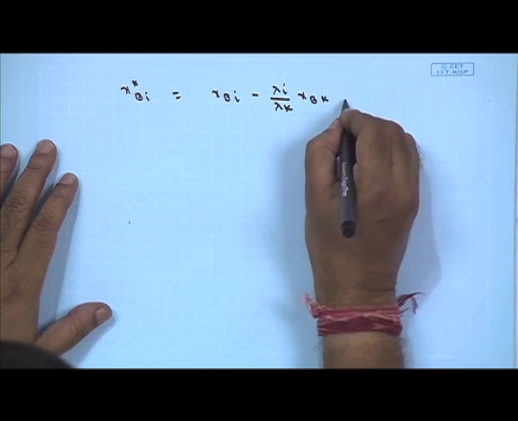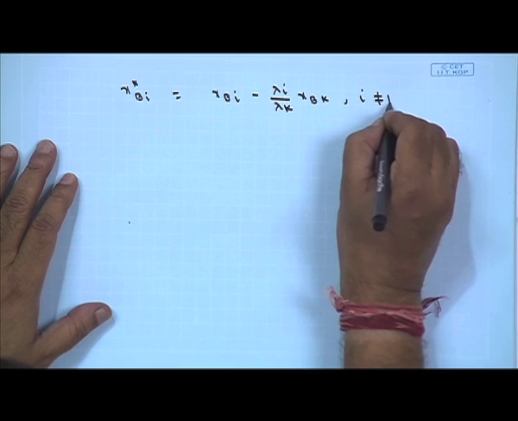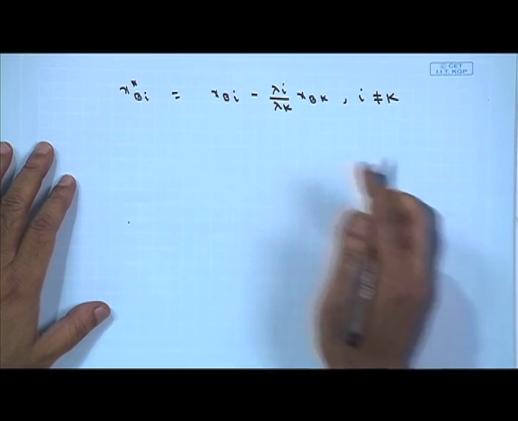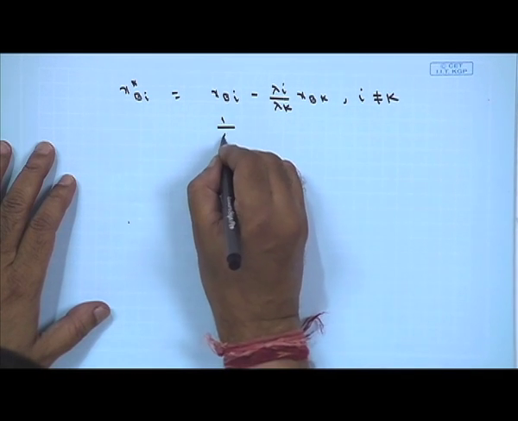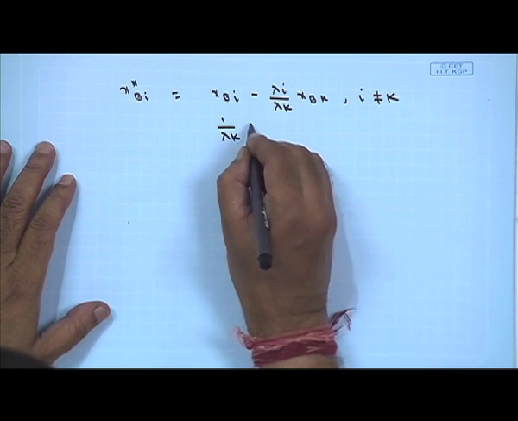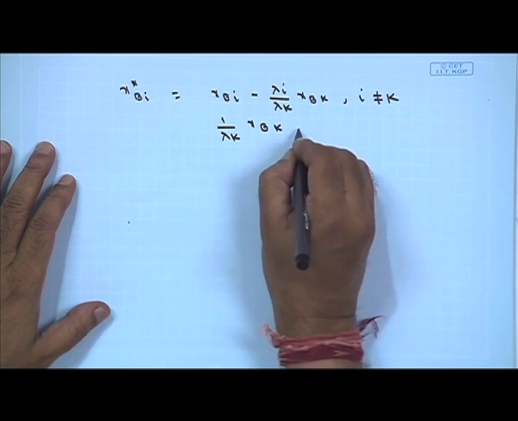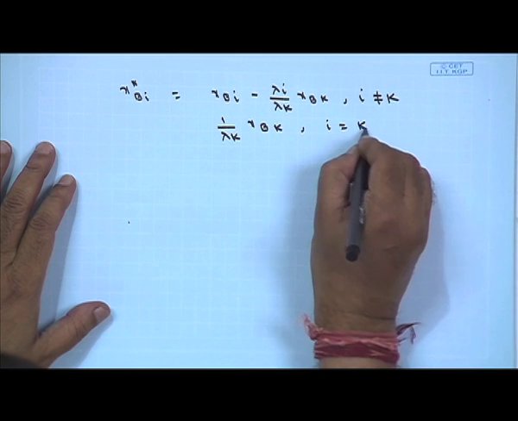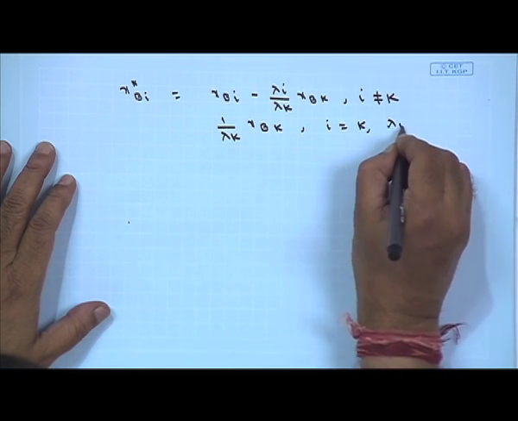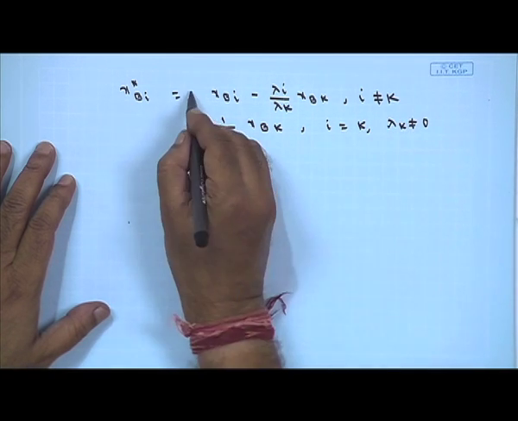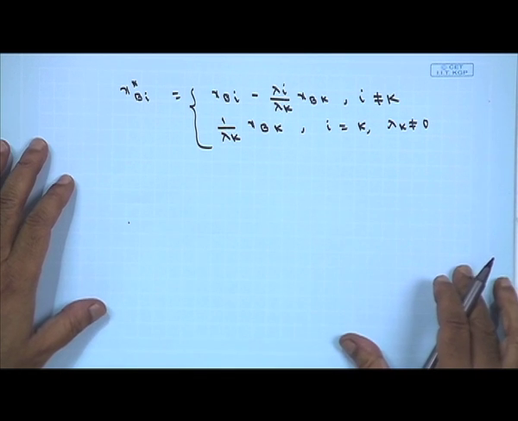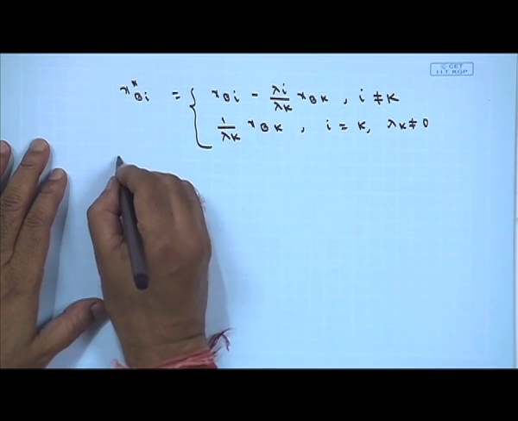Two things will come. This will come whenever i is not equal to k, and the second one will be 1 by lambda k into x b k, when i equals k, and of course lambda k is not equal to 0. So x b star we are writing like this, but what is your lambda k?